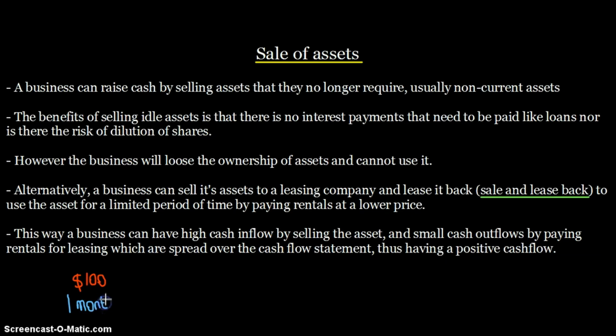So instead of just selling it, you lease it back, and for each month you just have to pay, let's say, $10 per month. So you just sell that asset for $100, and per month you have to pay just $10 for leasing. And of course, you don't have to use that money only for leasing. You could use it for some other purposes as well. That means you have the money, you can use it for other purposes, and you can also use it for getting your asset back.